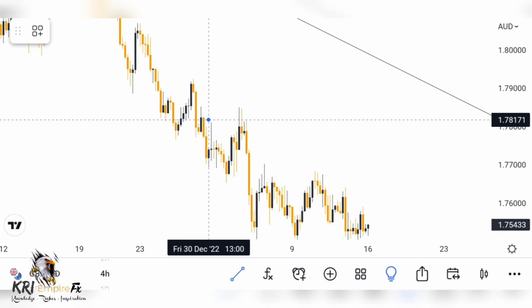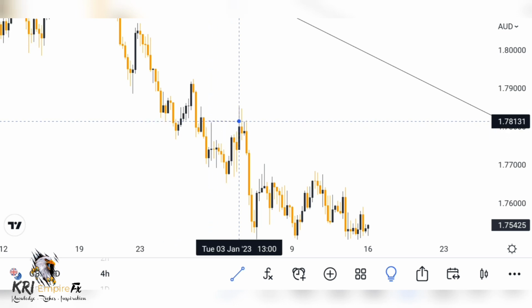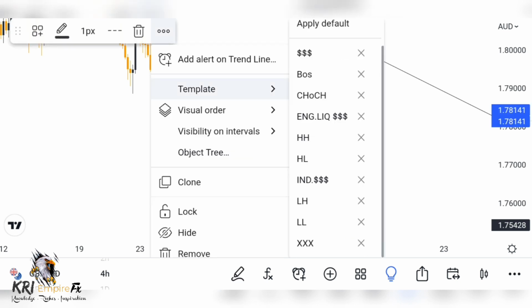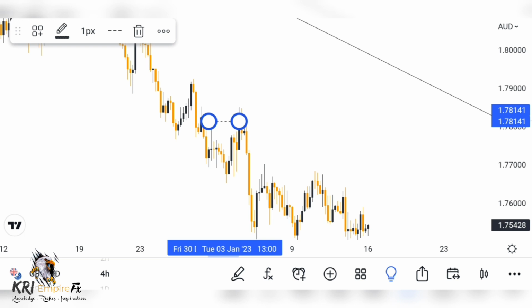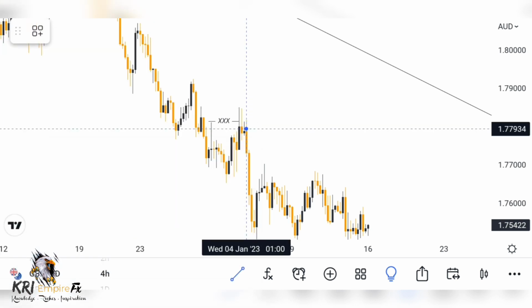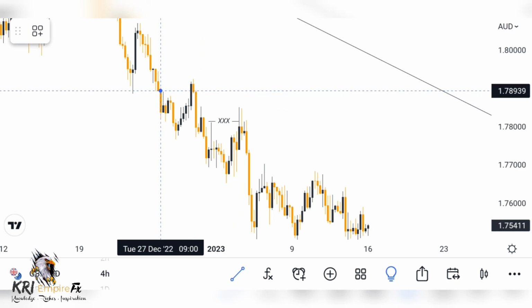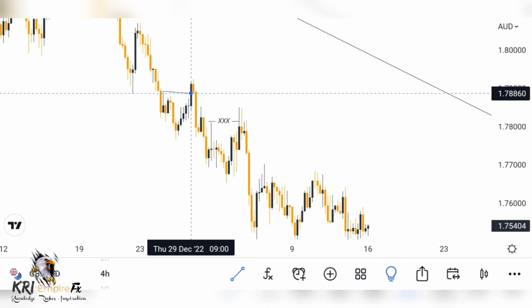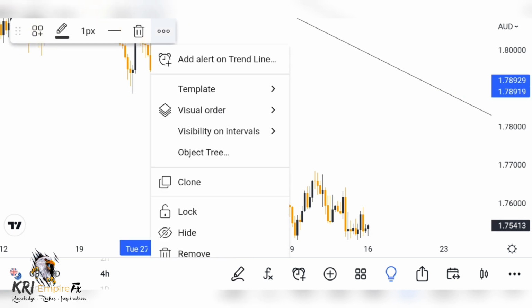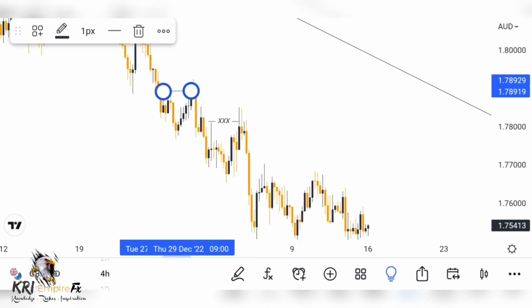All right, so we have that point. We have this point right here. Let's just mark it as an area where liquidity was taken out, and we have this area over here, this area over here, that area over there, like so.